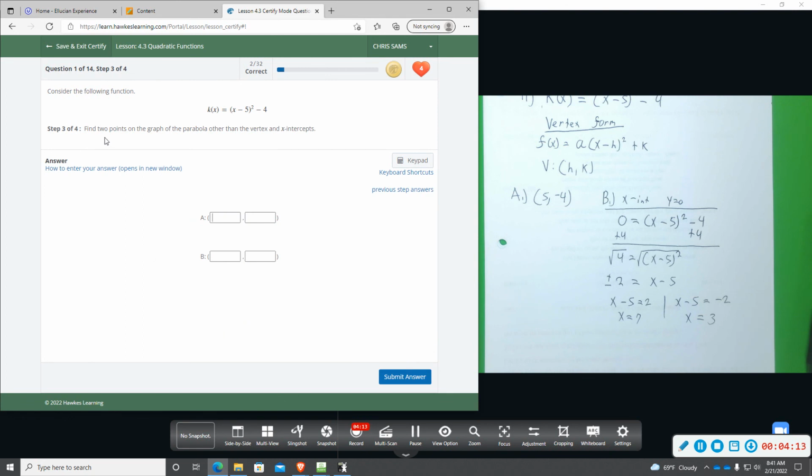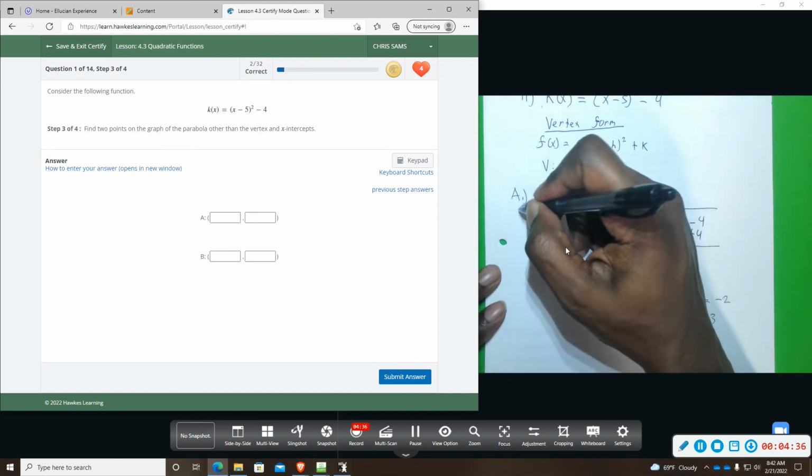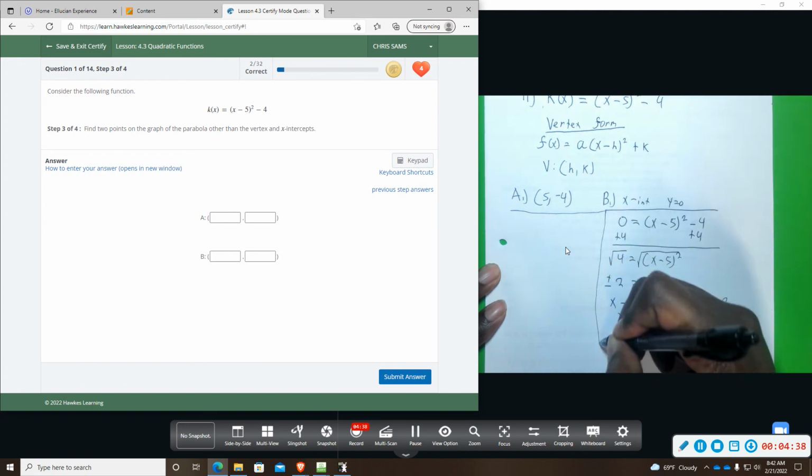Okay, so now we want to find 2 points on the graph of this parabola other than the vertex and the x-intercepts. So we already have a vertex, which was 5, negative 4, and then we have 2 x-intercepts. So we've used x values of 3 and 7. We can use any values we want, except for the ones that we've already found.